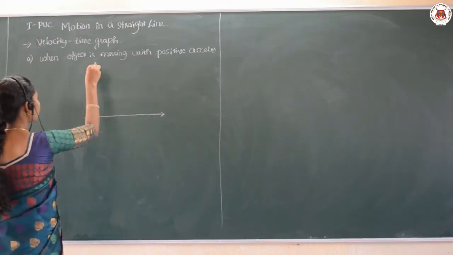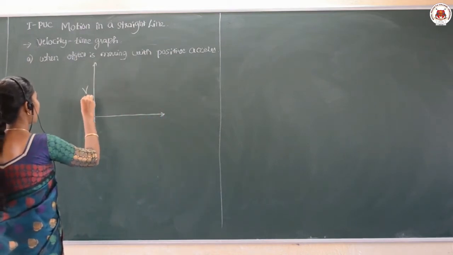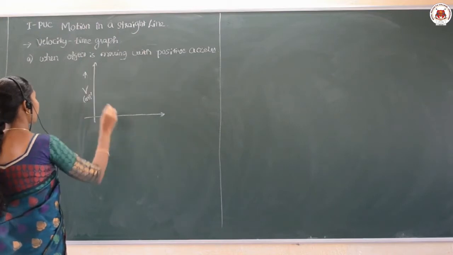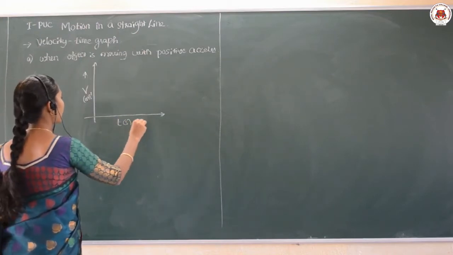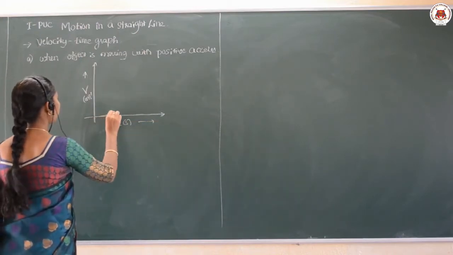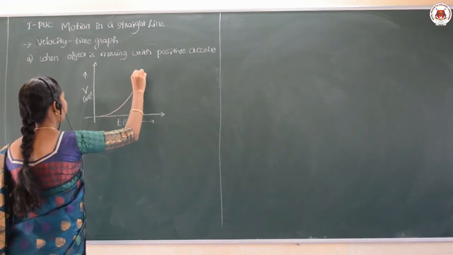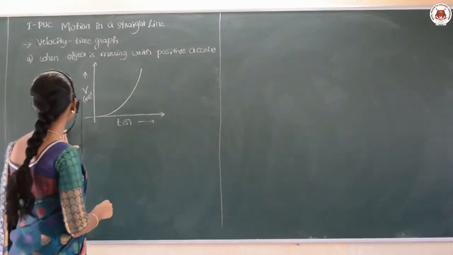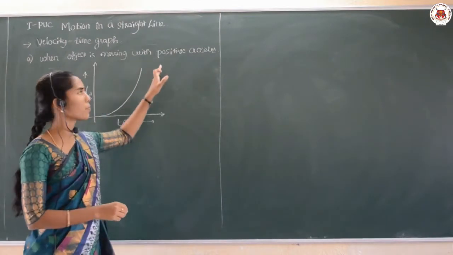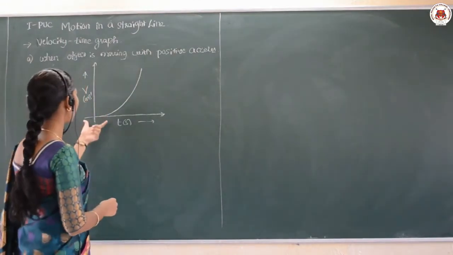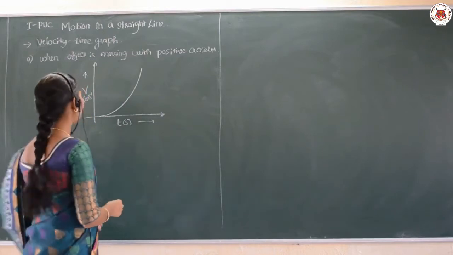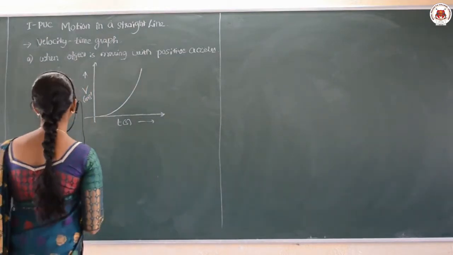Here the nature of the velocity time graph is taken like this. So when an object is moving with a positive acceleration, the velocity time graph can be represented in this way.